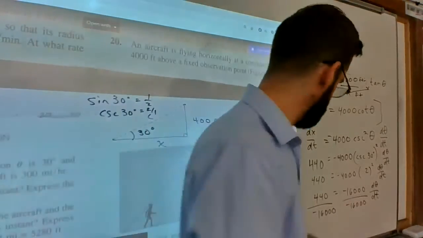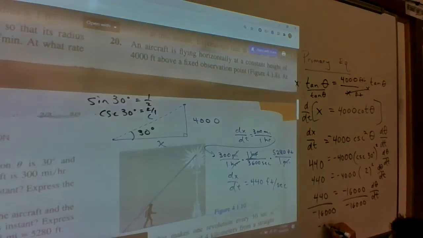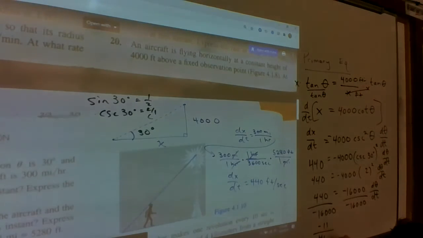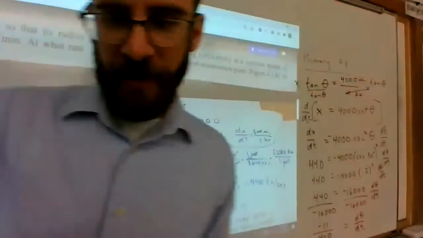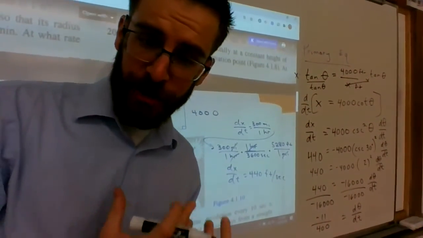And then I could reduce this fraction. I got a calculator. Maybe that'll quicken the pace. It basically gives me negative 11 over 400.